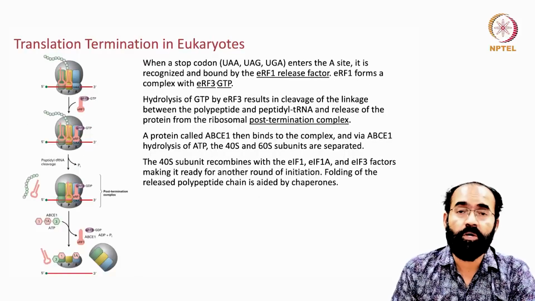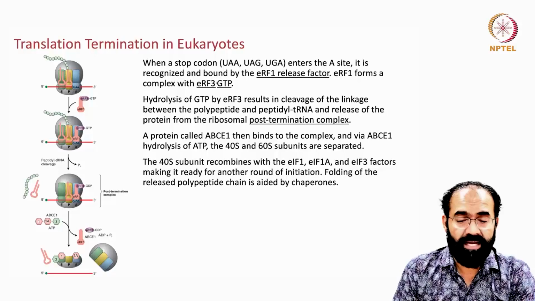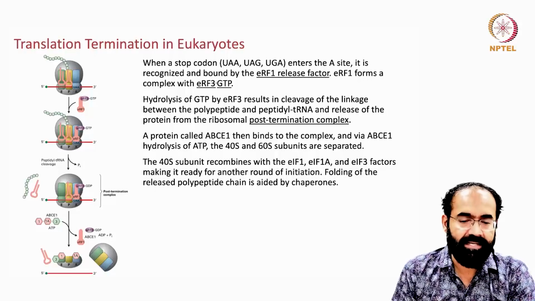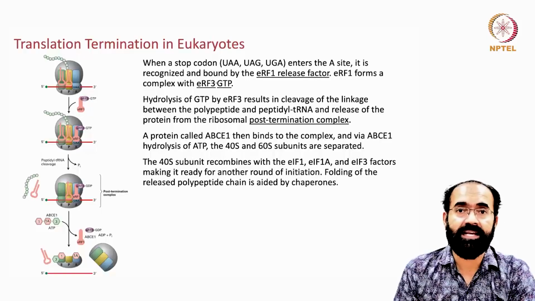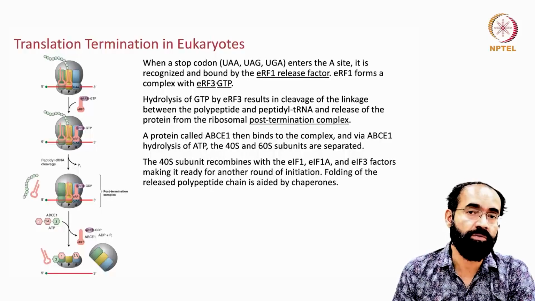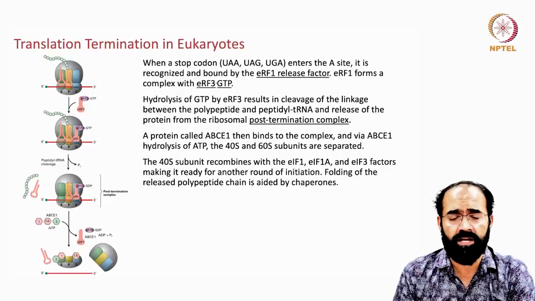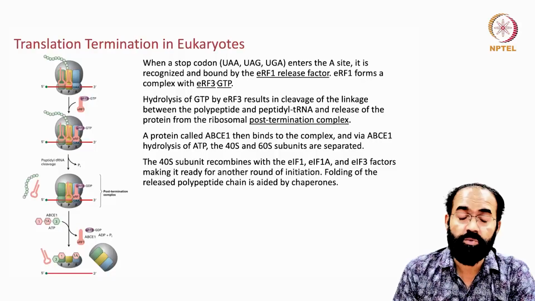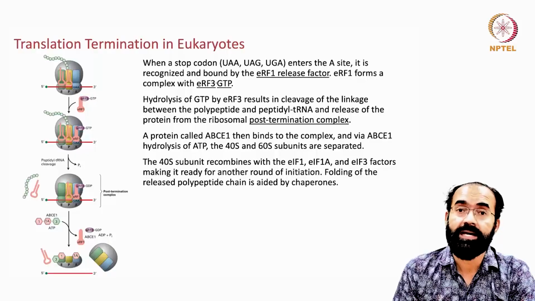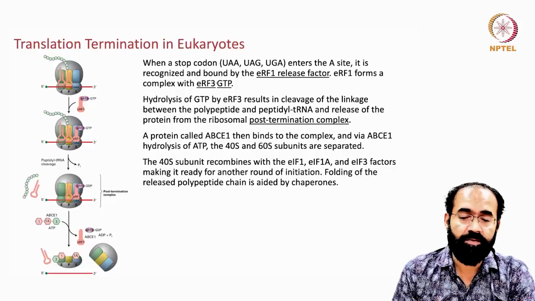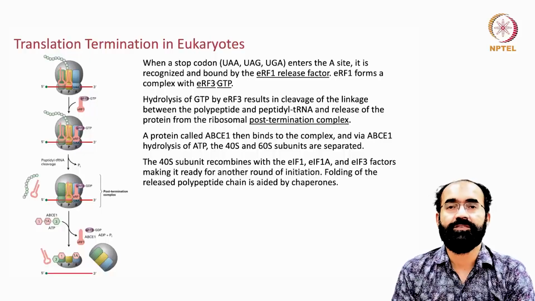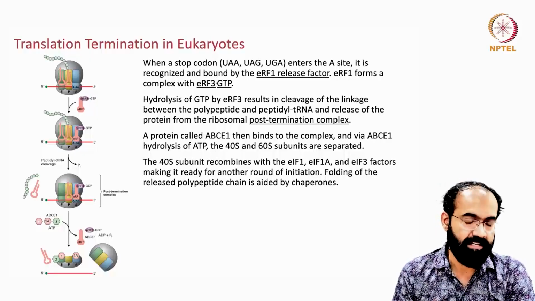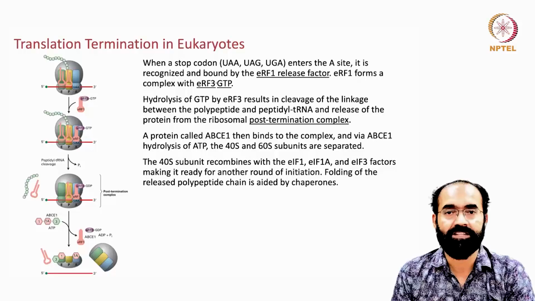So when stop codons such as UAA, UAG, UGA enter the A site, no tRNA can come, because no tRNA has the anticodon corresponding to the stop codons. So you end up getting an eRF1 release factor, and eRF1 forms a complex with eRF3-GTP. This we discussed when we were talking about nonsense mediated decay, when RNA stability was discussed.